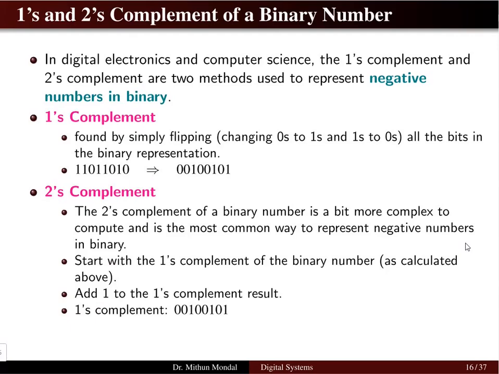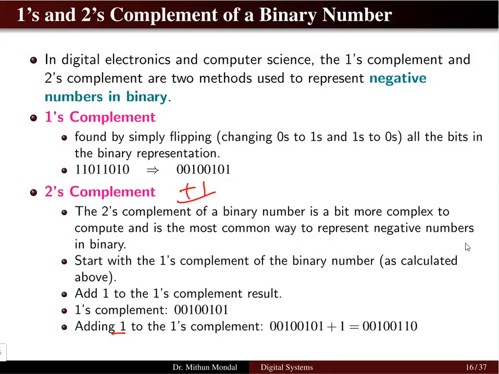So the 1s complement we already got in the previous step. Now if we add 1 to the 1s complement from the previous result, we get this result. So the 2s complement is nothing but a step forward from the 1s complement: first changing the bits from 0 to 1 and 1 to 0, and then adding 1 to the 1s complement.